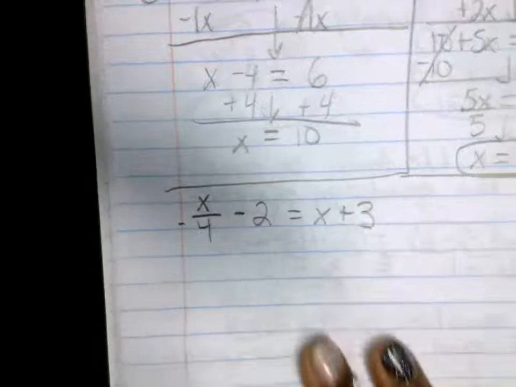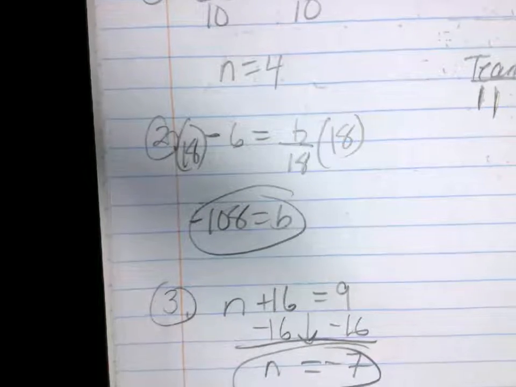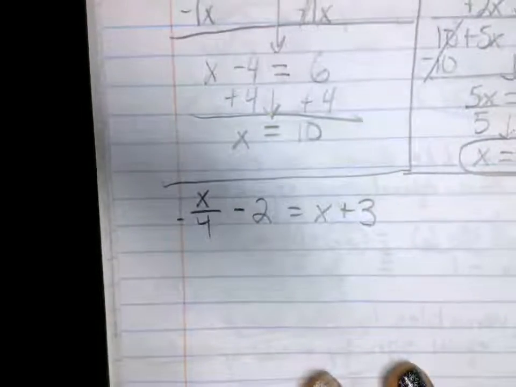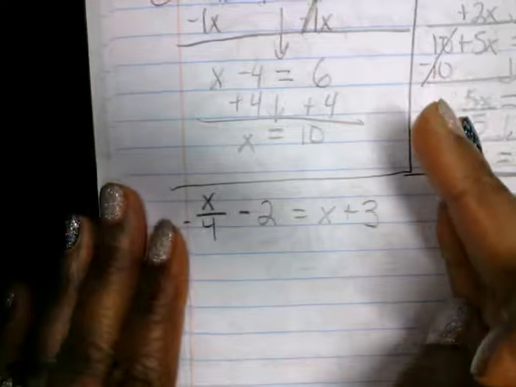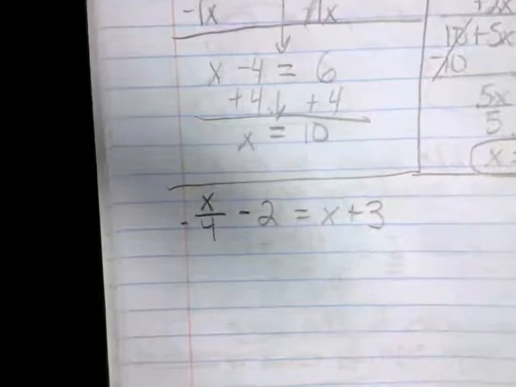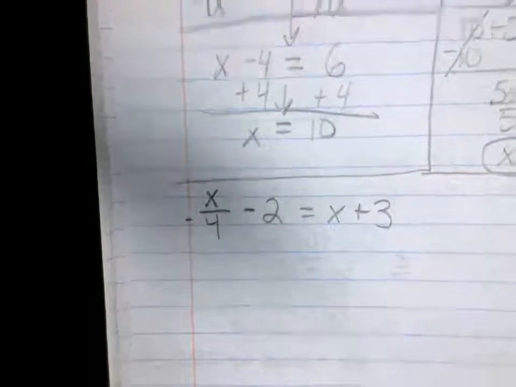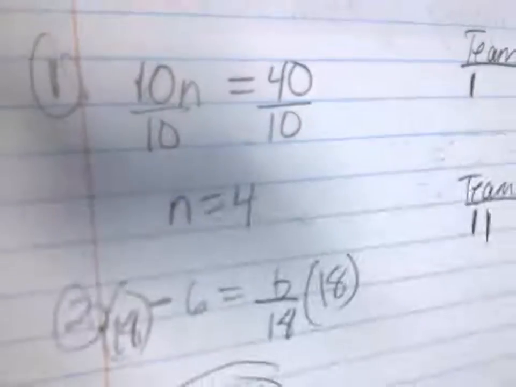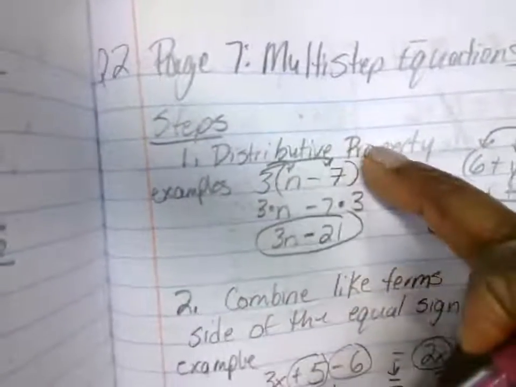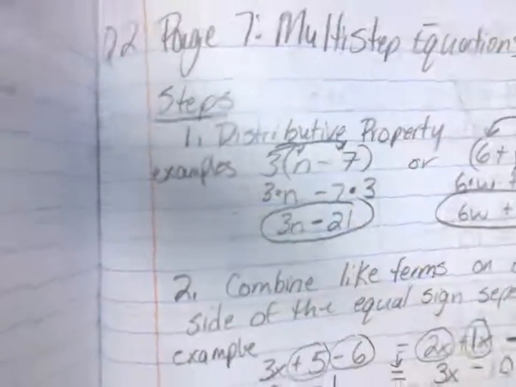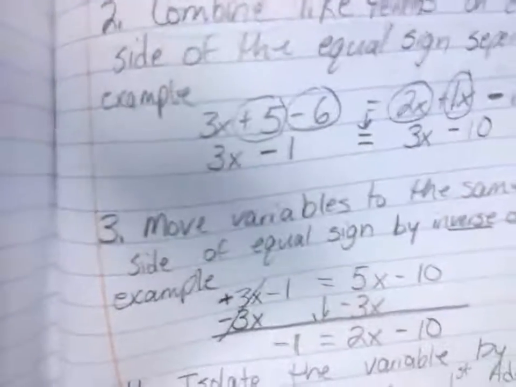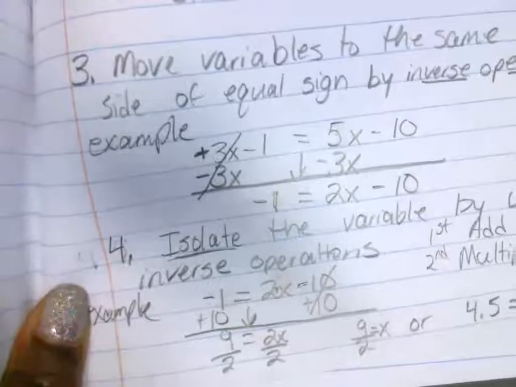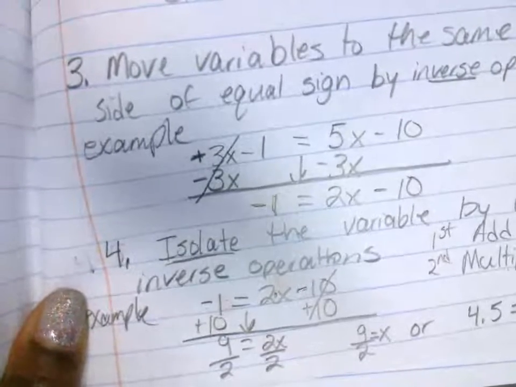The first step, and I'm reading the steps right off the previous page, is distributive property. There is no distributive property illustrated in this problem, so I skipped the first step. Ricardo, are you listening? Before we go in, again, I am using the steps from the previous page: distributive property, combining like terms, moving the variable to the same side, and then isolating the variable by using inverse operations.